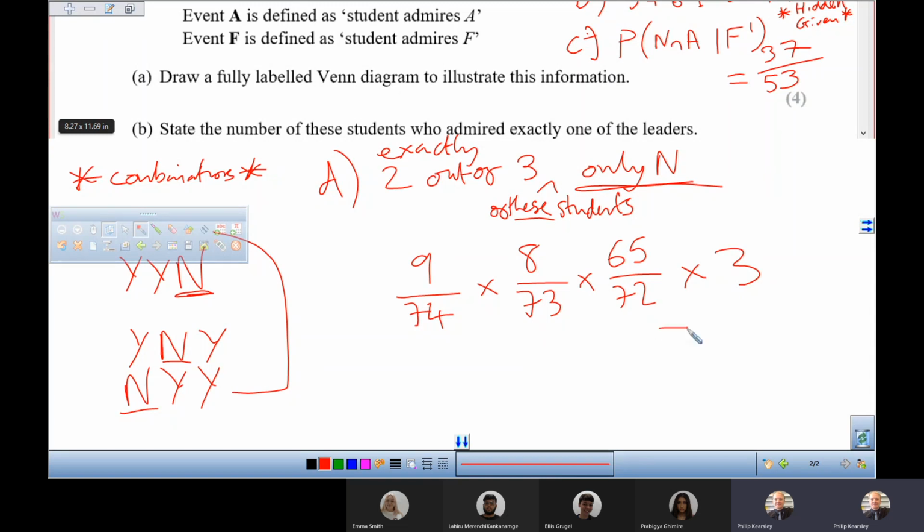Into the calculator we go. Those of you currently on Teams can have the answer into the team chat in about 20 seconds time. Don't press enter just yet. Let's just see that you're actually participating.